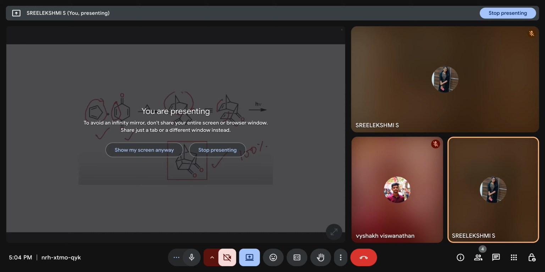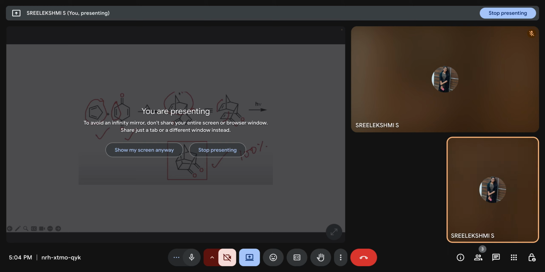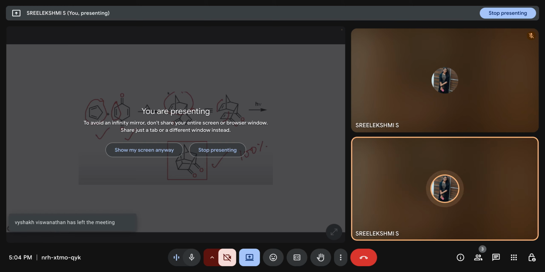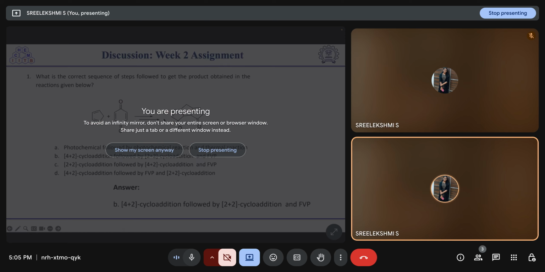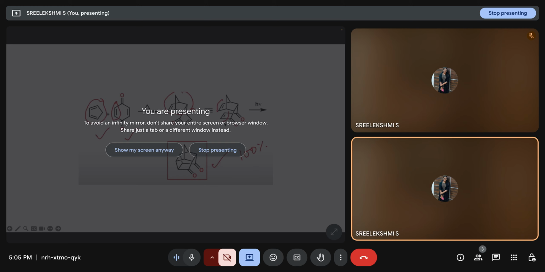So here, first, upon treating this cyclopentadiene with this benzoquinone fragment, a Diels-Alder reaction will happen, where this fragment acts as the diene and this acts as the dienophile to get this compound. Then this can be redrawn as this one. So the first step is 4 plus 2 cycloaddition. Then the second step is 2 plus 2 cycloaddition.